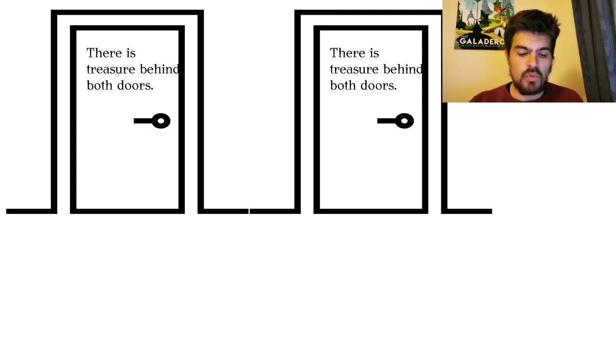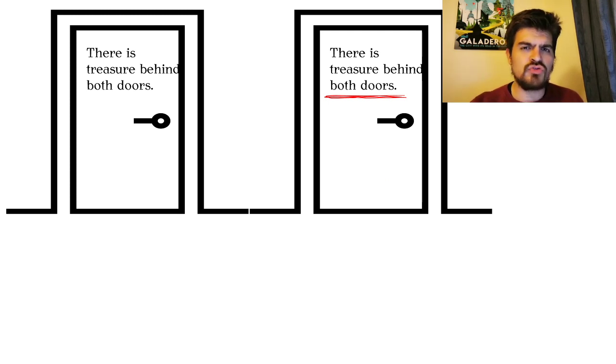What do we know? Well, we know that this statement here, when it's applied to this door, tells us there is a treasure behind this door, if it's true, right?